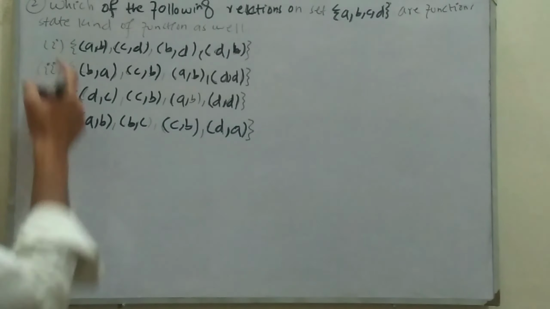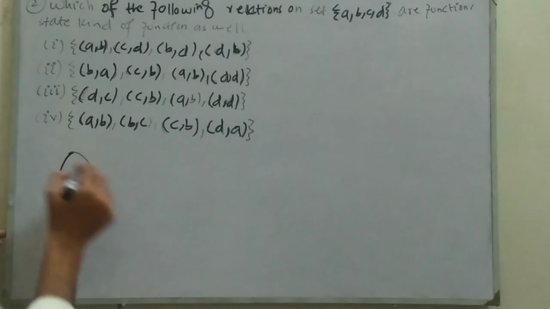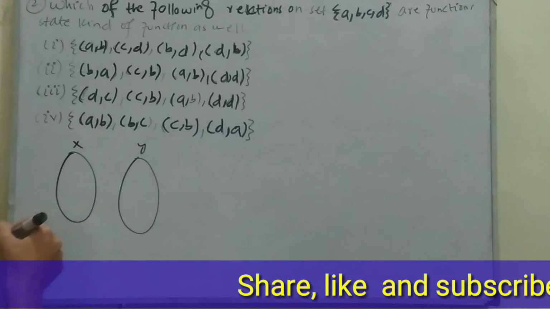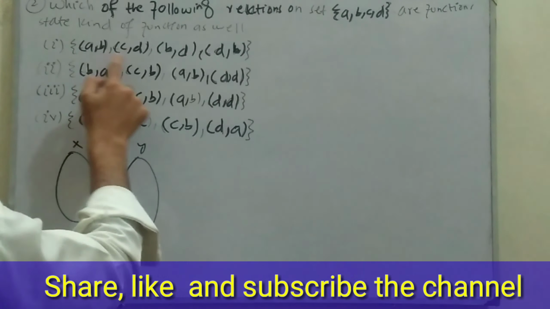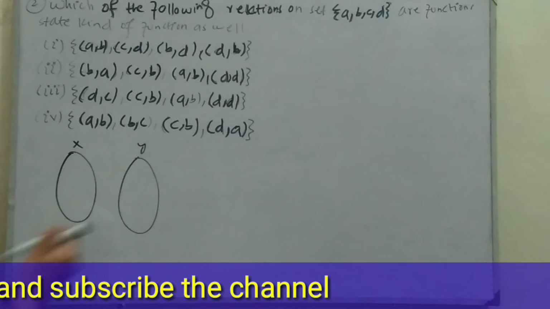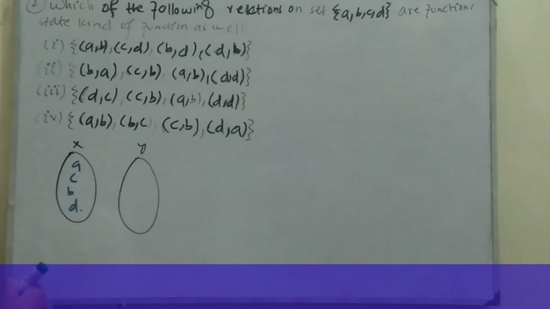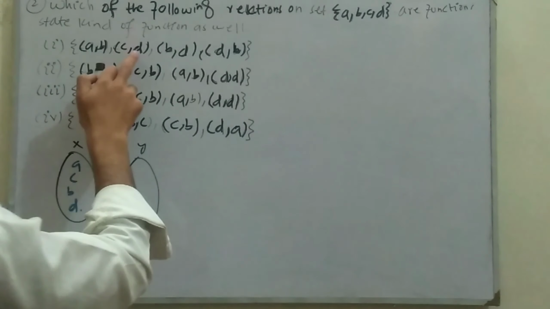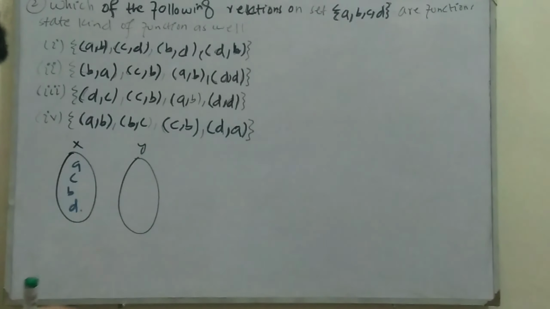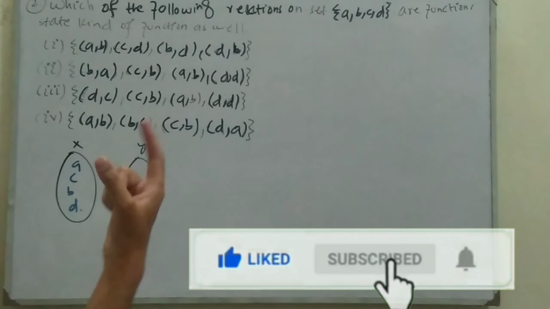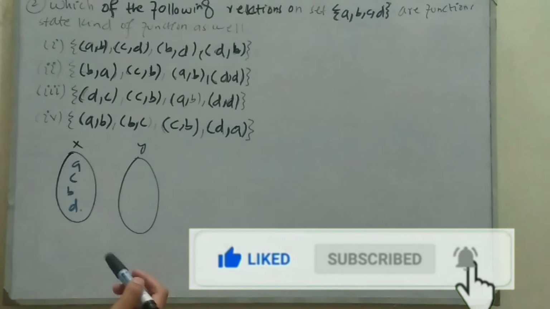So for the first part we are going to draw a two-shape diagram over here. Let's suppose this is X and this is Y. In X we have the elements A, C, B, D. In Y we have B, D, D, B. Here B is repeated twice and D twice, so we will take just one B and one D because there is no repetition in the set.